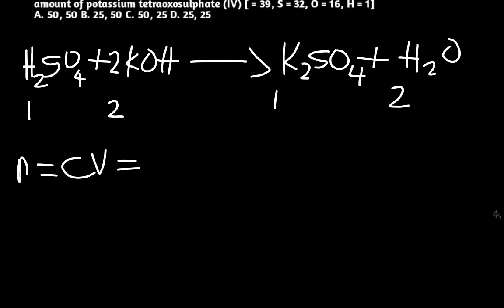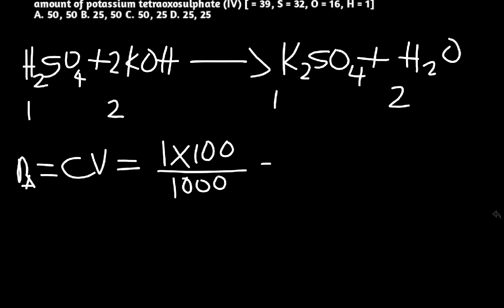The conc of the acid is 1. The conc of H2SO4, 1 times the volume of H2SO4 that was given here, is 100. So you say 1 times 100 over 1000. The reason why we divide by 1000 is because we need to convert to dm cube.